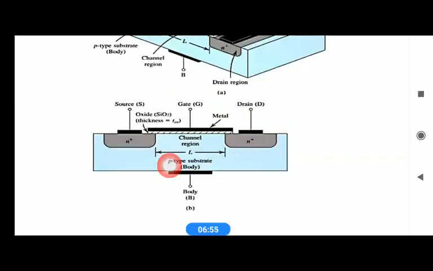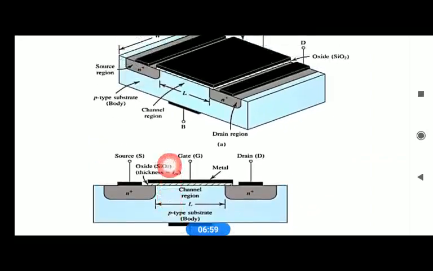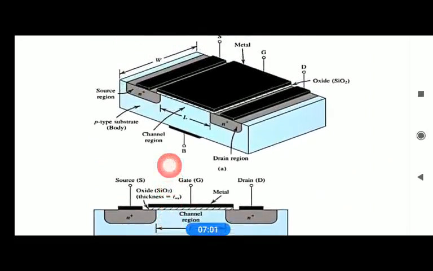Here you can clearly observe that the several layers of this construction will give you the capacitive effect, right? What is capacitance? We know that a capacitance always has two plates, and in between we have a dielectric material.